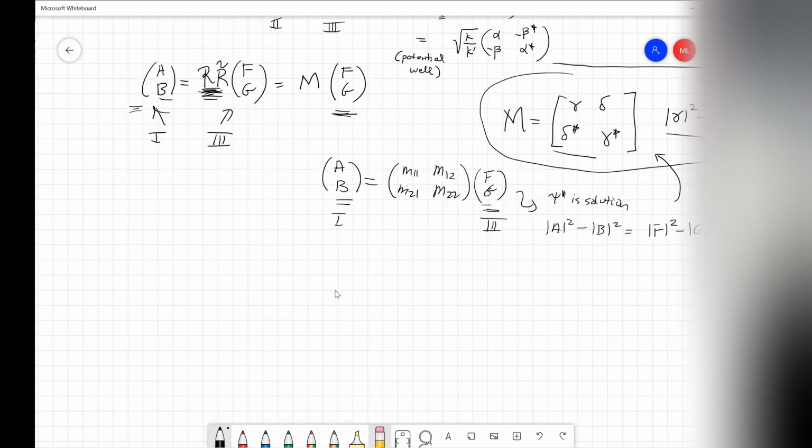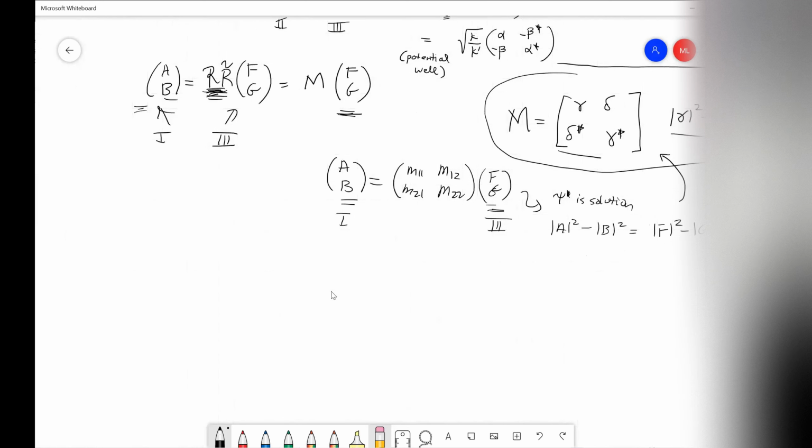Okay, so let's try to use even potentials to understand what's going on when we have an even potential, and see if we can get any more constraints on this M matrix.